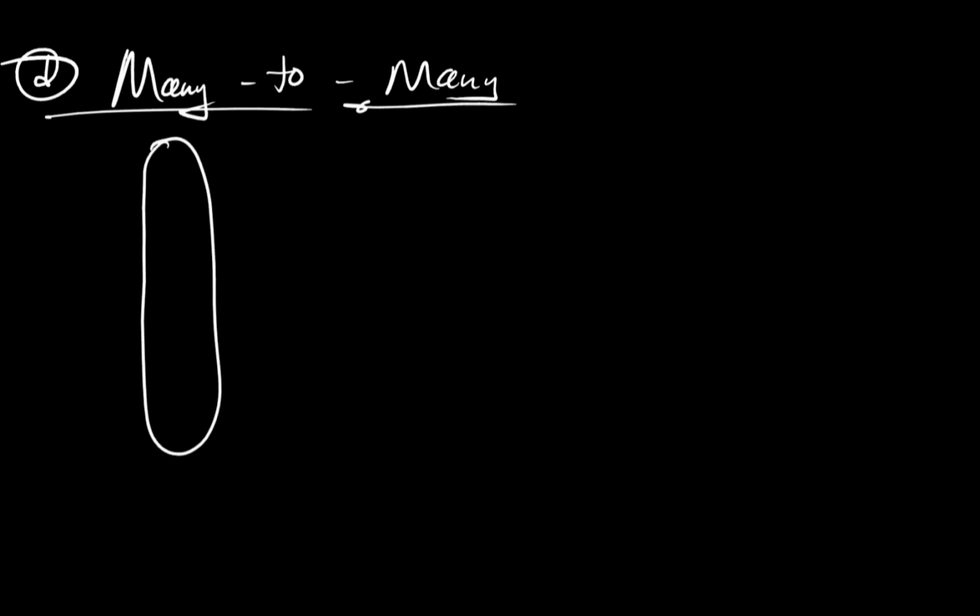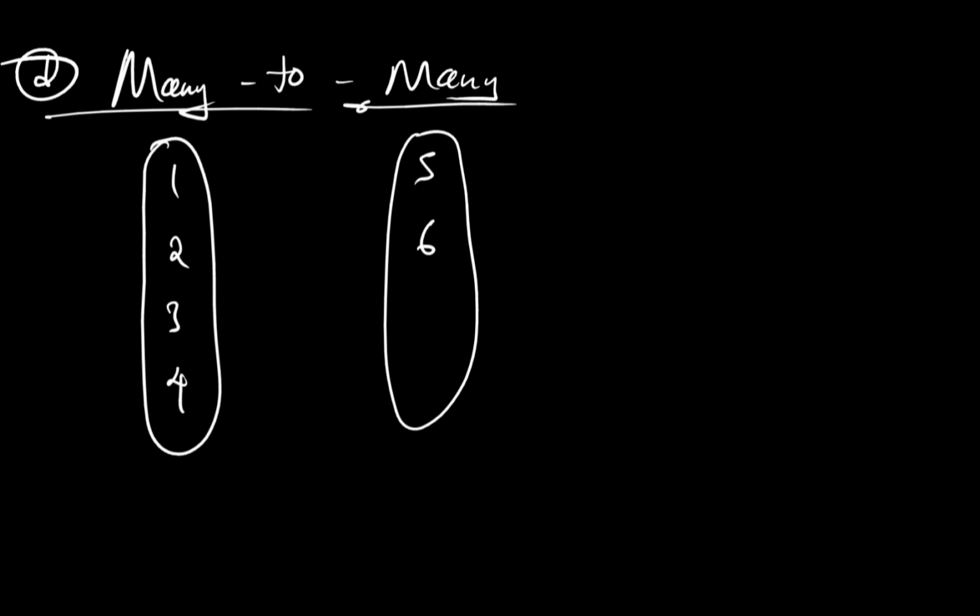Okay, so many to many is, you expect many to go to many. 1, 2, 3, 4, 5, 6, 7, 8. So you expect many to go to many. So you expect something that is like that.